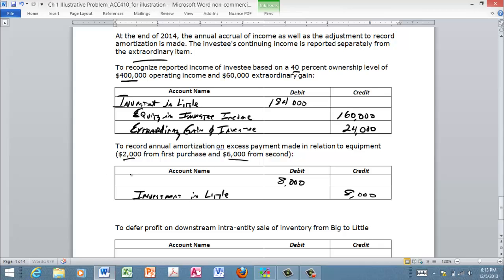But what's my debit? My debit is against this equity in investee income. Remember, if I want to decrease a revenue or an income item, I'll have to debit that, so that's what I'm going to do here. Equity in investee income. Okay.